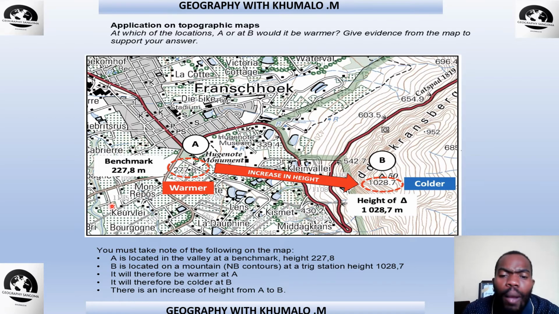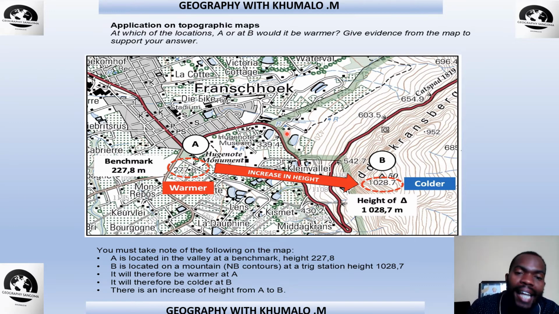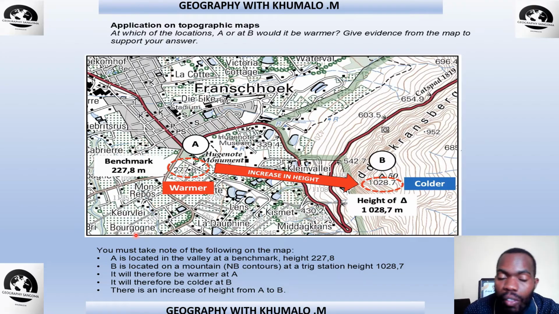So that is the type of question that you may be asked in terms of the topographic map in question 3.3, where you are doing interpretation. You must take note of the following on the map. A is located in the valley at the benchmark that is given a height of 227.8 meters, and B is located on a mountain.